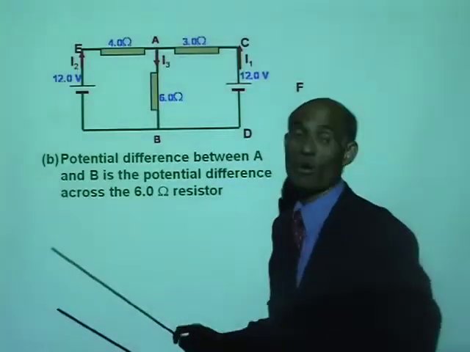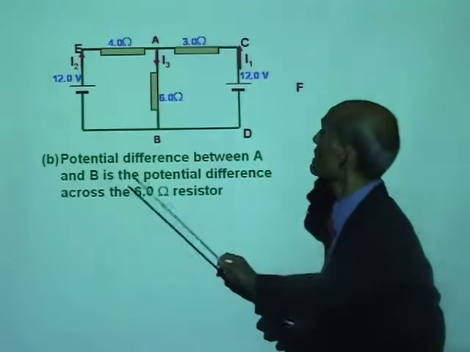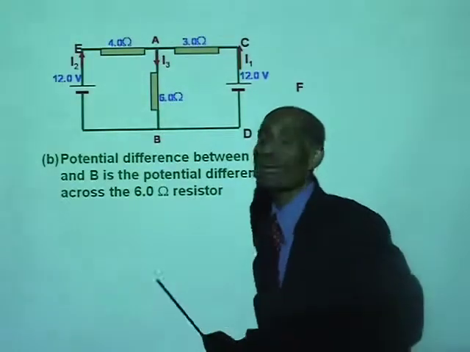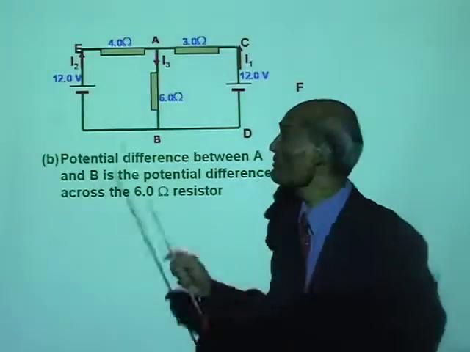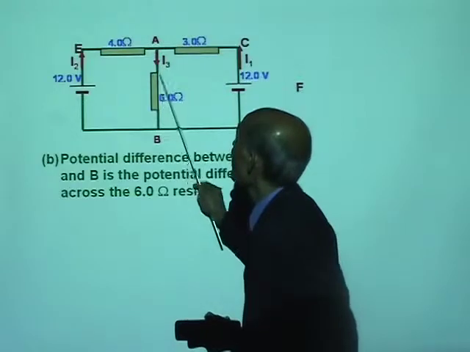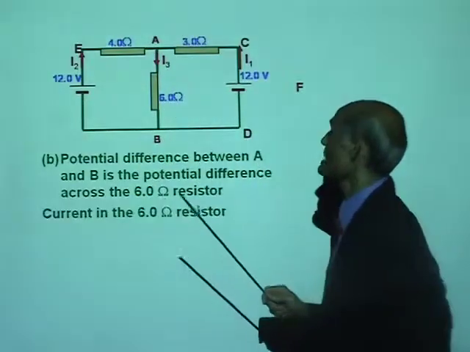Alright, now part B, find the potential difference between A and B. Now what is the potential difference between A and B? The potential difference between A and B is the potential drop across the 6 ohm resistor, which is 6 times I3.